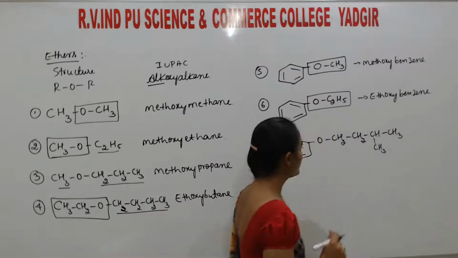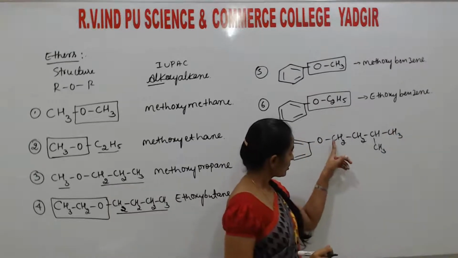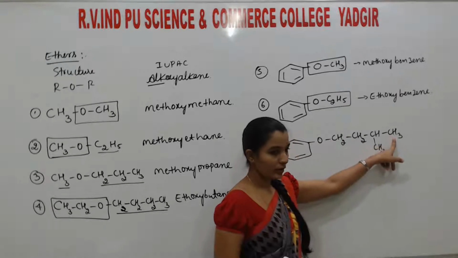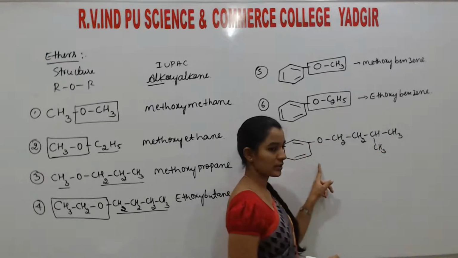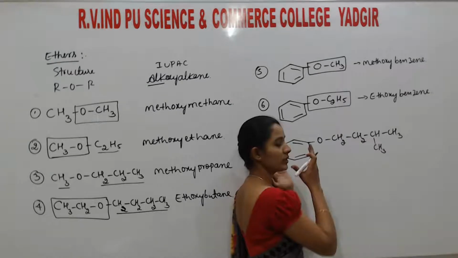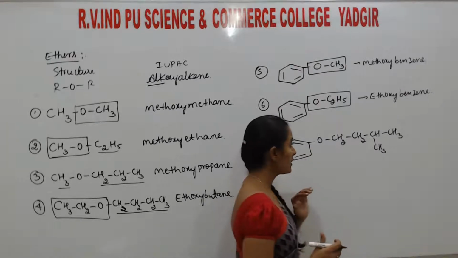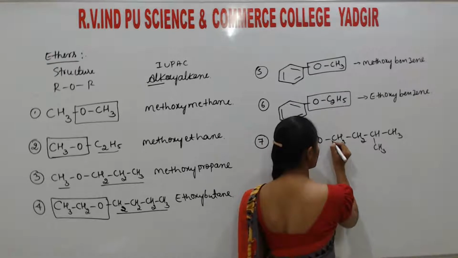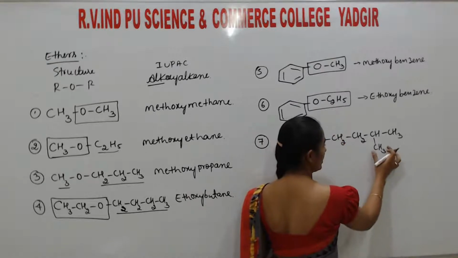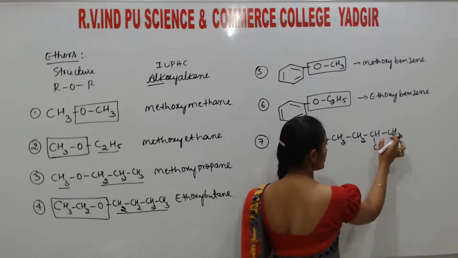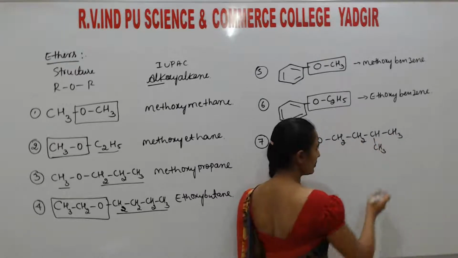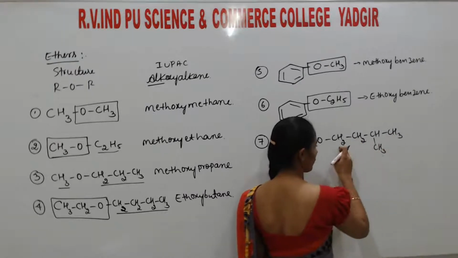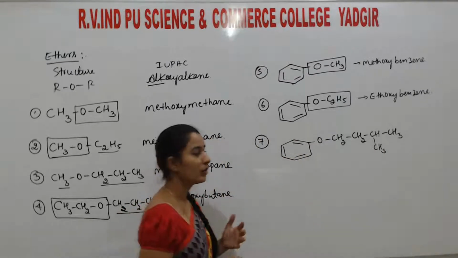Okay, so listen here. If we consider the parent chain, 1, 2, 3, 4 carbon atoms are here, and here 1, 2, 3, 4, 5, 6. Of course, this is the parent chain. Then students, this CH3 group is at which position? So 1, 2, 3, 4. I will miss one numbering for this. 1, 2, 3, 4. Both are correct. Okay.